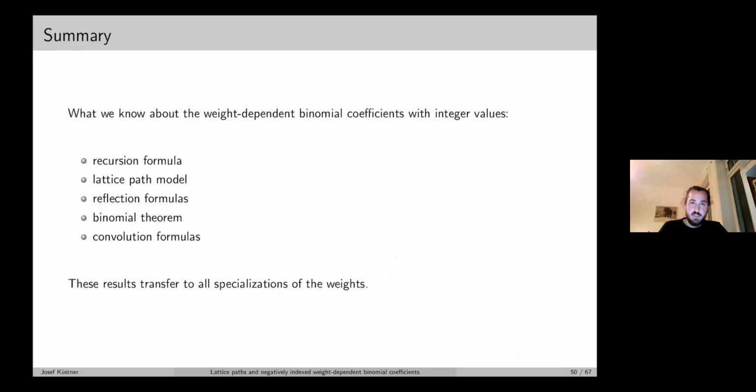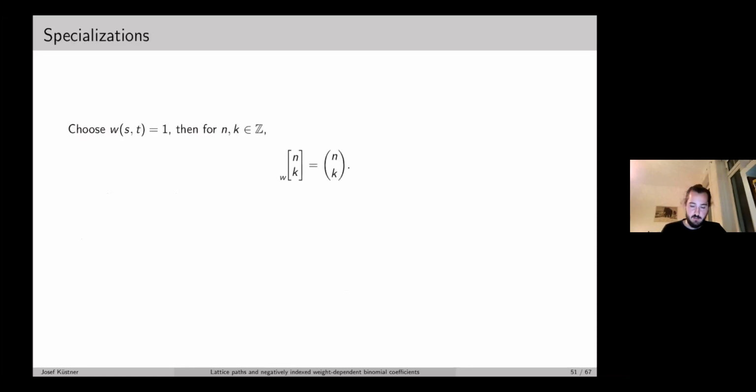And what's nice about this is that these results transfer to all specializations of the weights. So we get all these theorems for all specializations. A very easy specialization is if we take all weights equal to 1, because then we get again the ordinary binomial coefficients. If we take all weights equal to q, then we get the q-binomial coefficients.